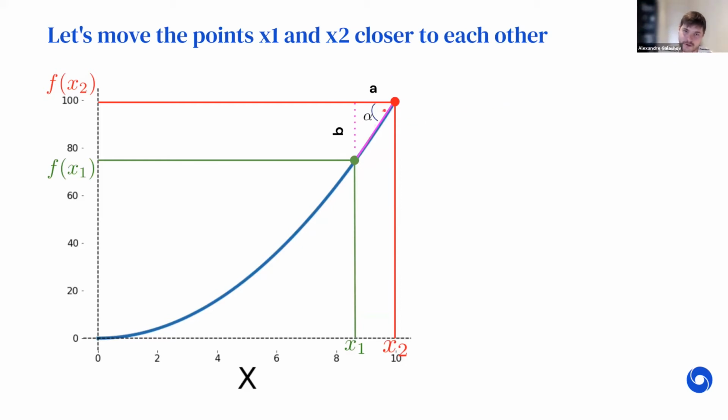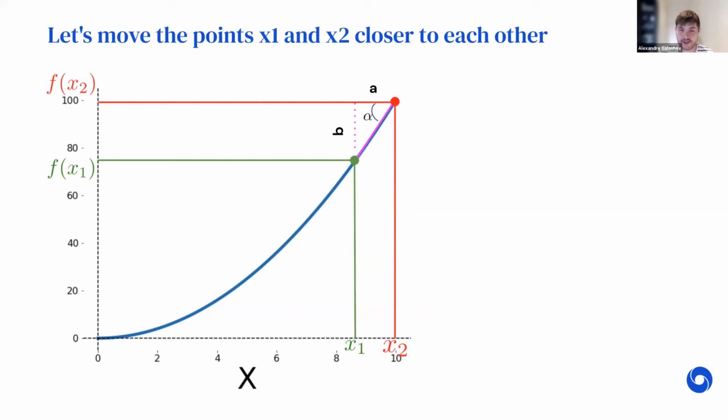But if you put the points very close together, it almost matches with this violet line. So basically, if you know everything about the function at the point x1, you know the value of the function at x1, you know exactly how to quantify this line, and you can also obtain the value at x2. So it's a cool property, right?